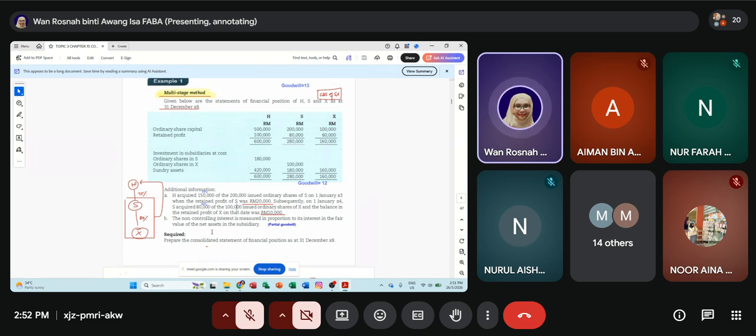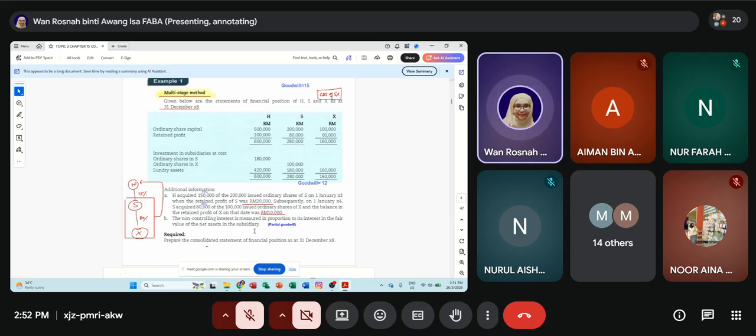So the pre-acquisition profit existing on the date of acquisition for X is 10,000.